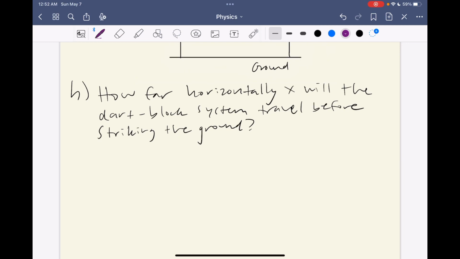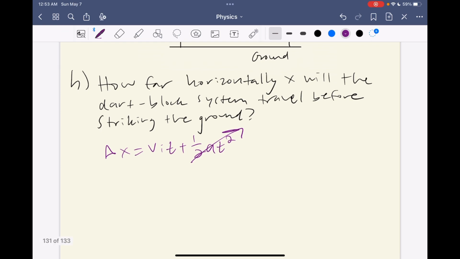So for part H, it says how far horizontally x will the dart block system travel before striking the ground. So I'm going to use the displacement formula. Delta x equals vi t plus 1/2 a t squared. There's no acceleration on the horizontal axis because it's constant.